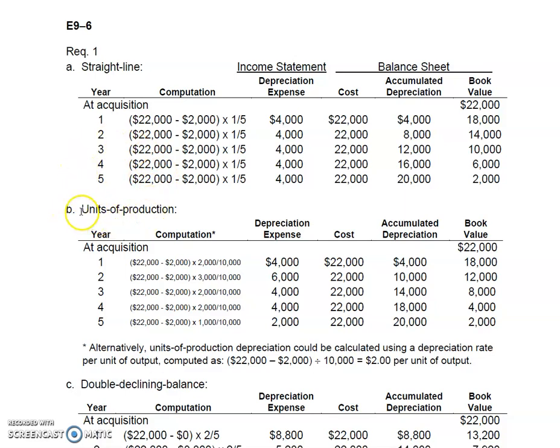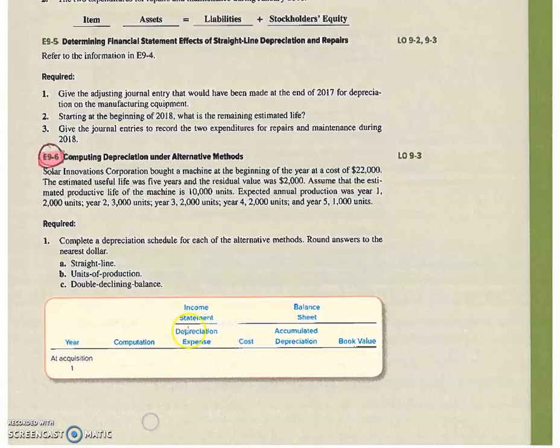Okay, units of production. We had depreciable cost again of $20,000. Now the estimated life in machine hours is 10,000 machine hours.